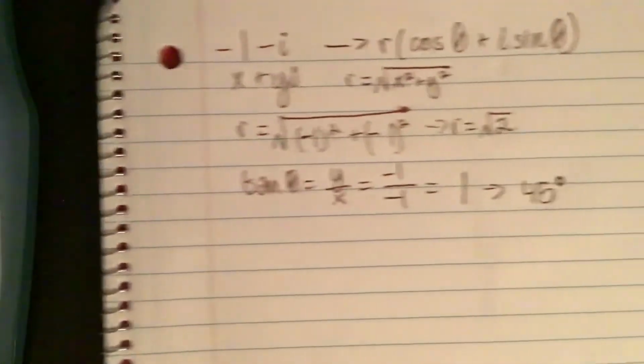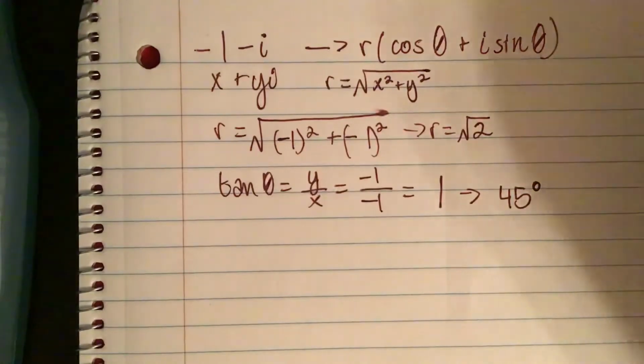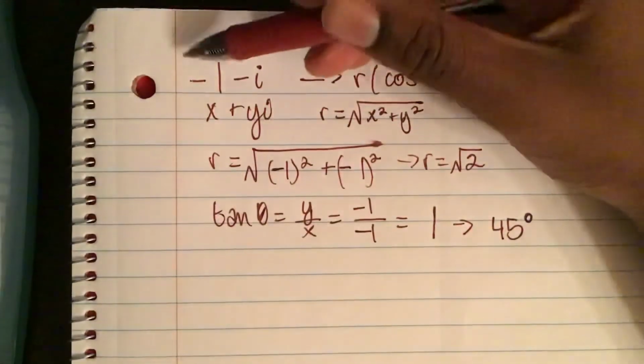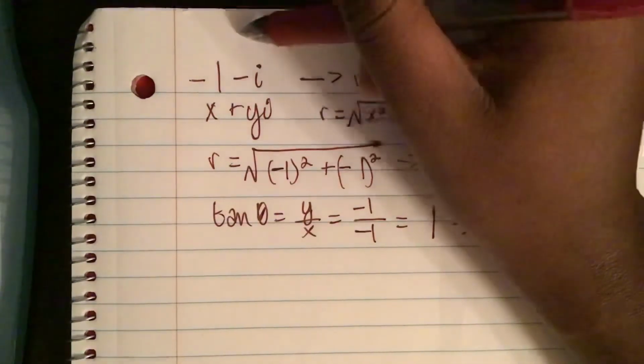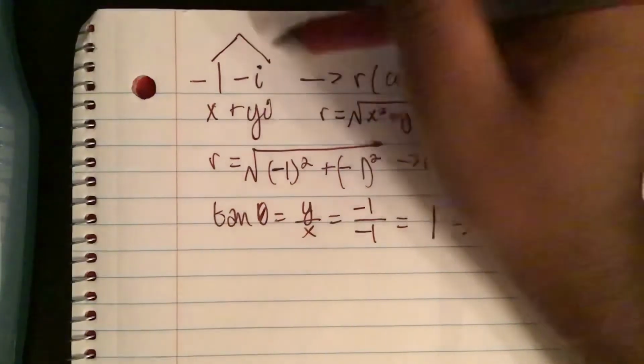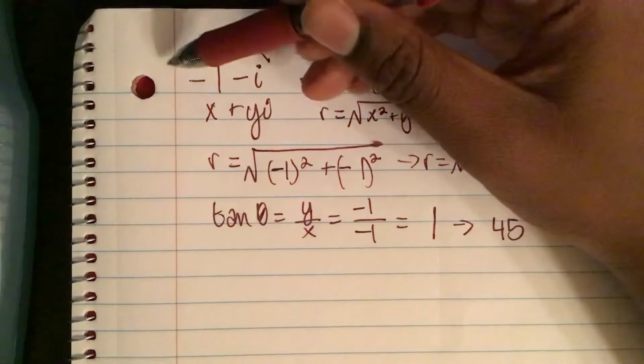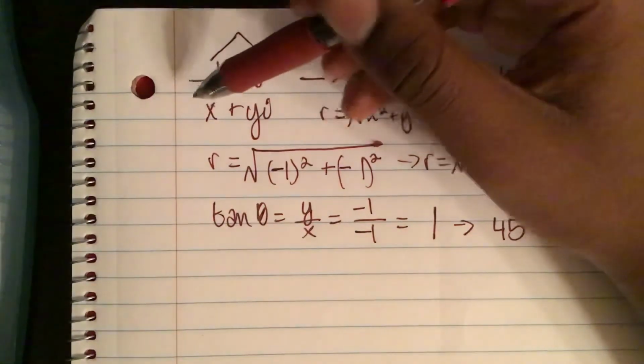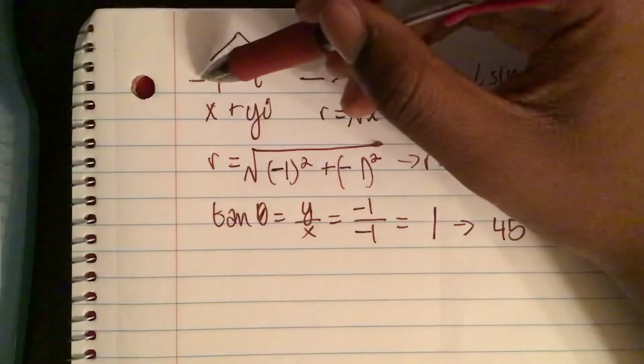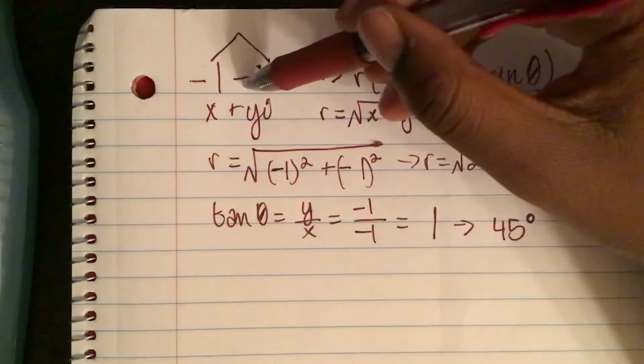We also have to consider that when graphed as a vector on an XY graph, this is going to be located somewhere in the third quadrant because it has a negative x value and a negative y value.